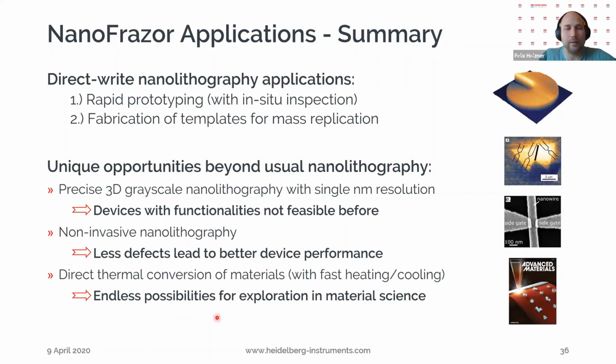I didn't talk about that much today, but actually next week there's a talk about a very exciting example by Eduardo Albisetti. He will talk about how he used the heated tip to make magnonic structures directly. That's very exciting. And in my opinion, there are endless possibilities. This has just started, so you can explore many things in material science and convert materials here. So that's a whole different aspect I didn't touch today.